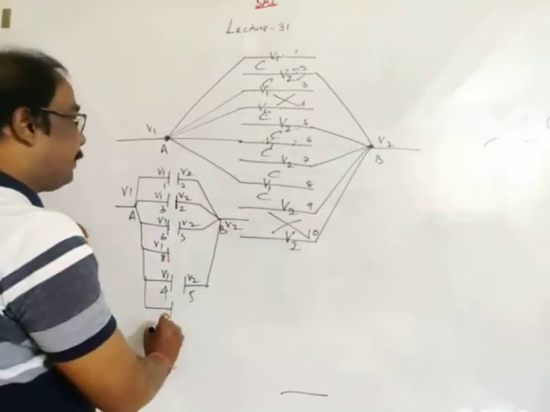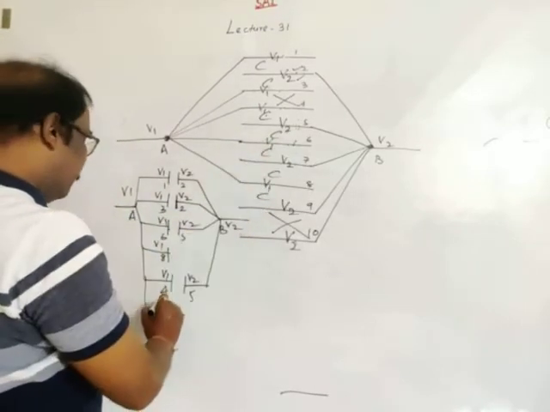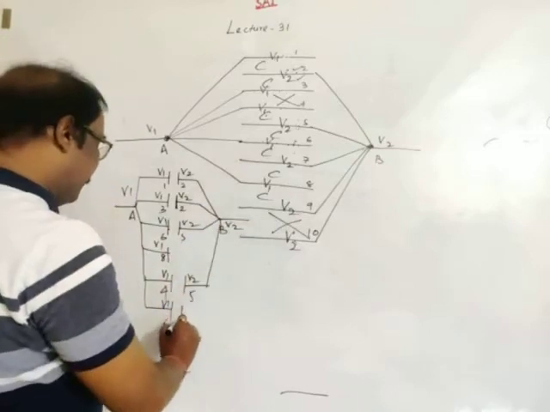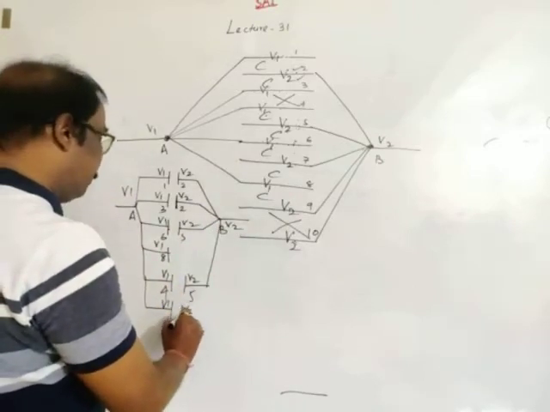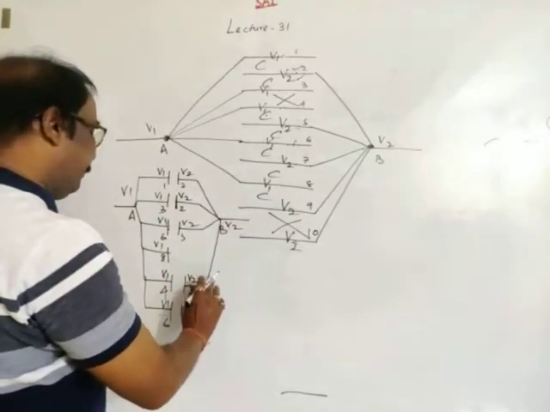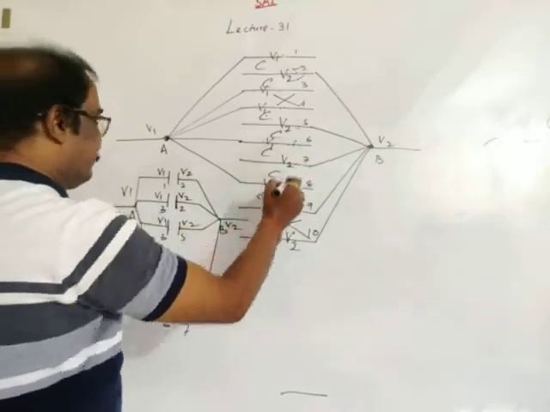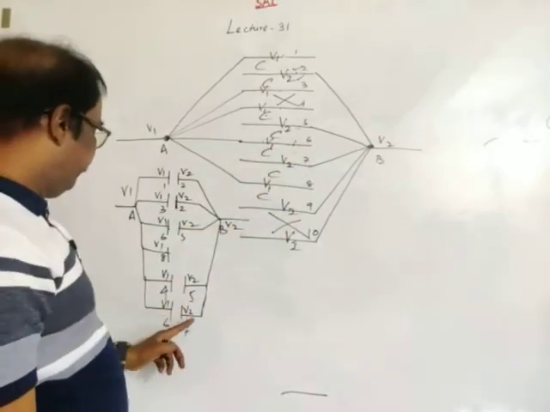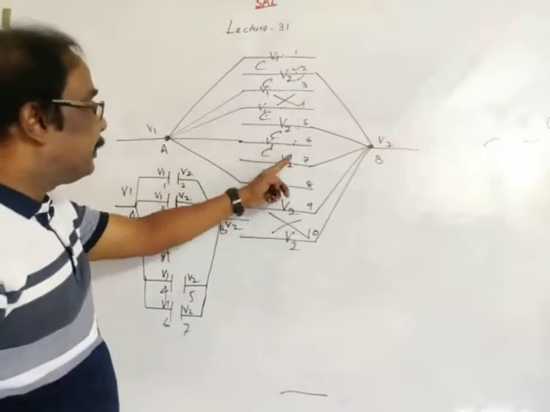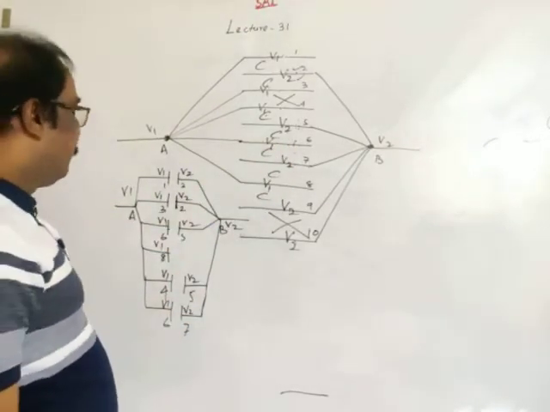The sixth plate has potential V1, the seventh plate has potential V2, again connected to B. So 6 and 7 are at V1 and V2.